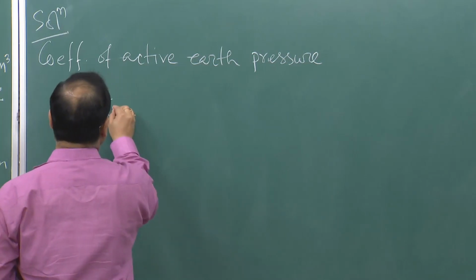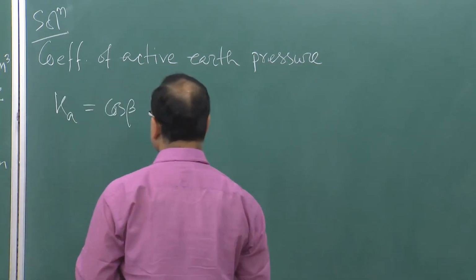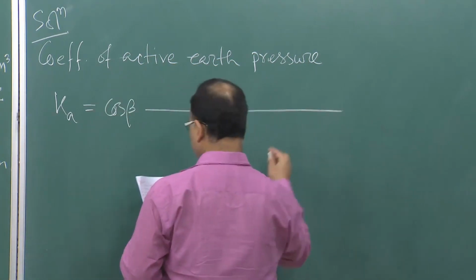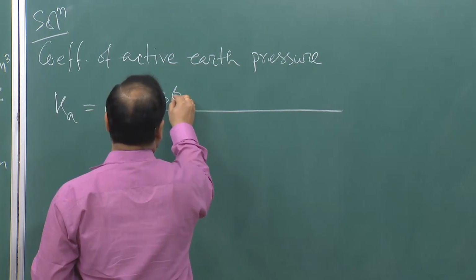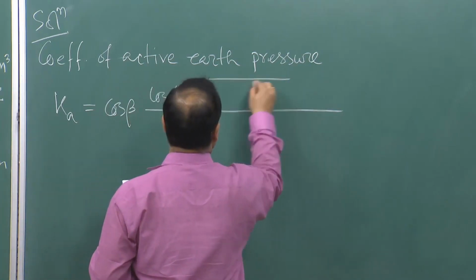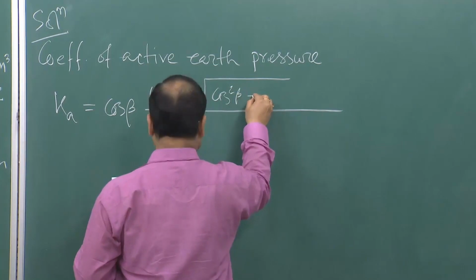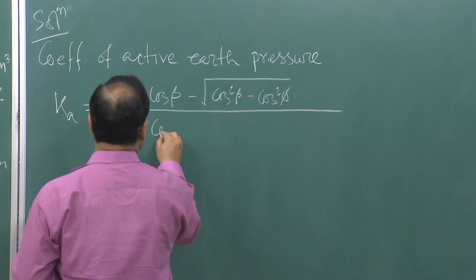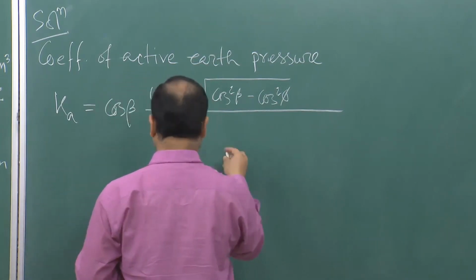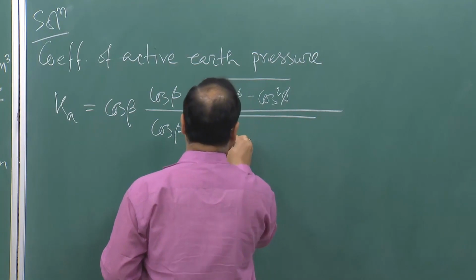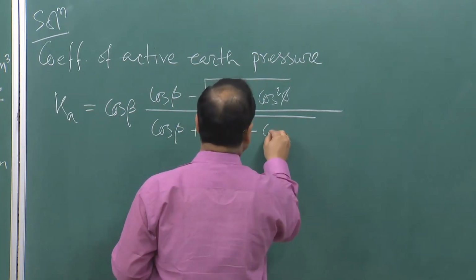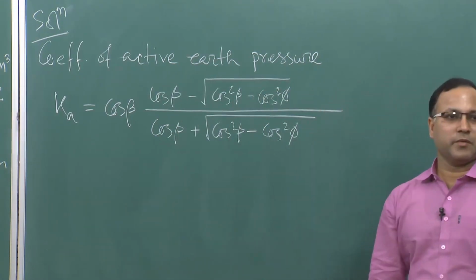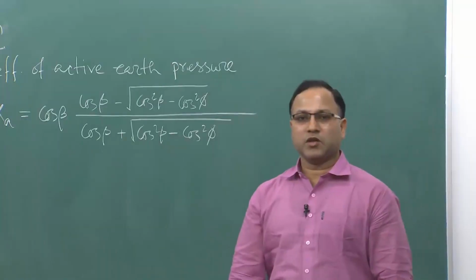We have already seen this formulation in the lecture: Ka equals cos beta into cos beta minus square root of cos square beta minus cos square phi, divided by cos beta plus square root of cos square beta minus cos square phi, where beta is the angle of inclination of the backfill and phi is the angle of internal friction of soil.